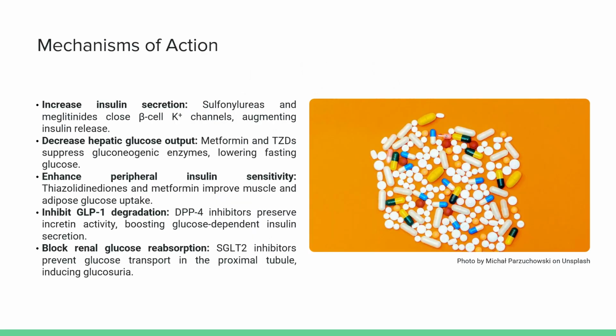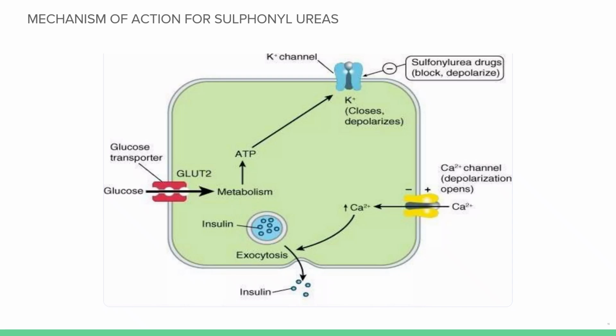Then the main mechanism of action in the case of oral hypoglycemic drugs. The first one is sulfonylurea. When sulfonylurea binds over the sulfonylurea receptor, this will result in K plus channel or potassium channel closing, and that will favor the depolarization state.